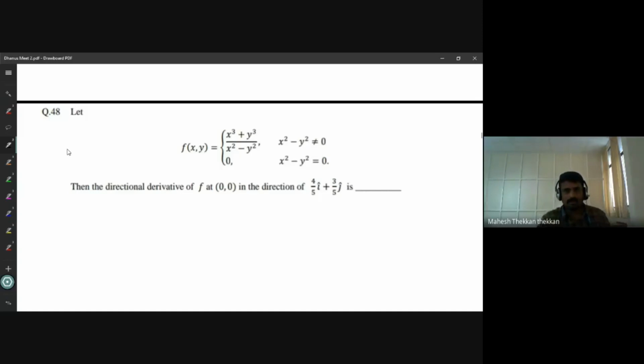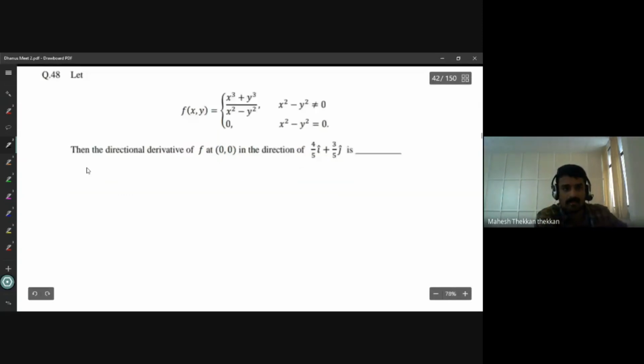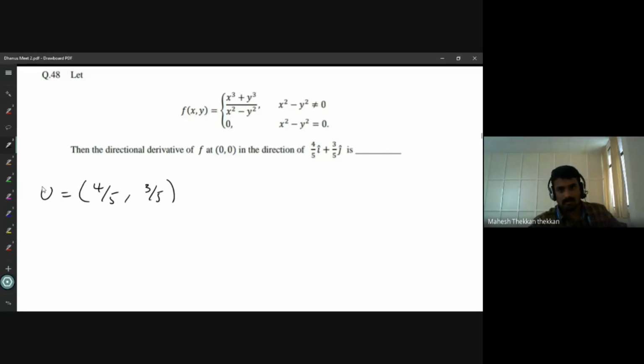So you wanted to find the directional derivative. What is the directional derivative? Your vector u is given as (4/5, 3/5). First you have to look at whether the given vector is a unit vector.